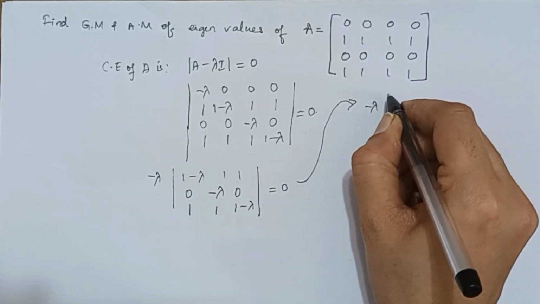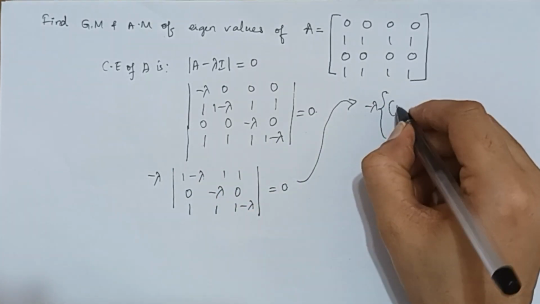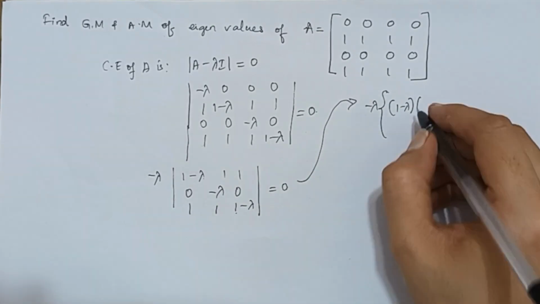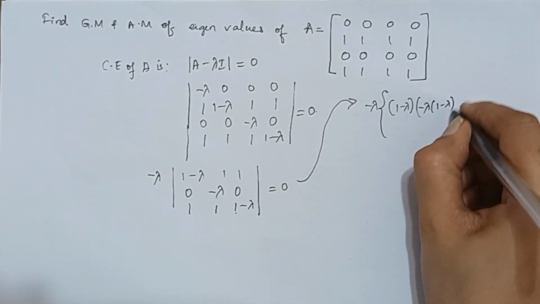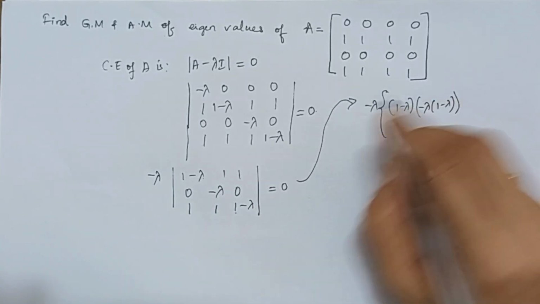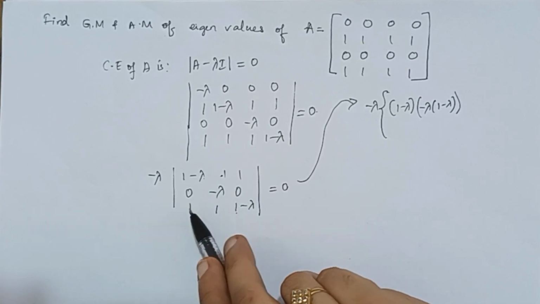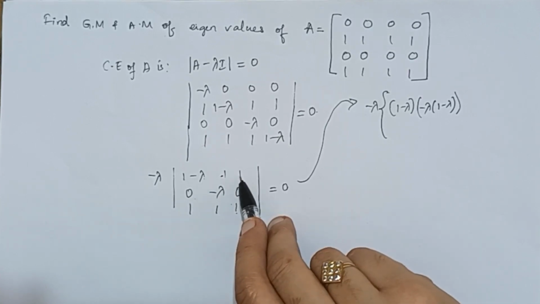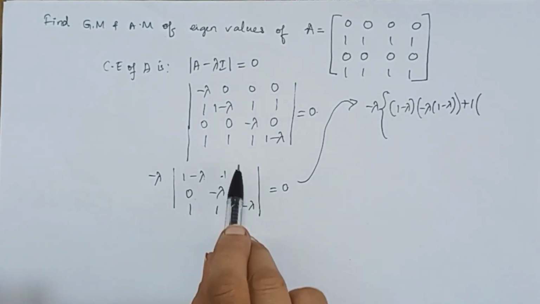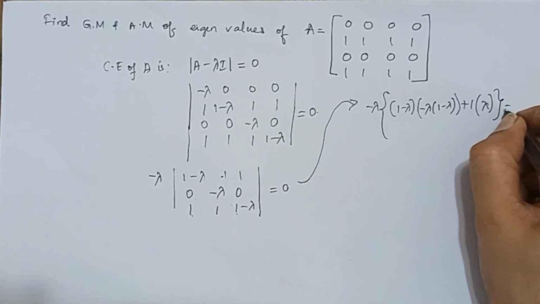Minus lambda into, delete first row, first column: 1 minus lambda into minus lambda into 1 minus lambda. Next, 0 into 1 is 0. Then the second element, minus 1 into this determinant, is 0, therefore I will not write that term. Plus 1 into the last: delete the first row, third column, 0 minus of minus plus lambda, which is equal to 0.